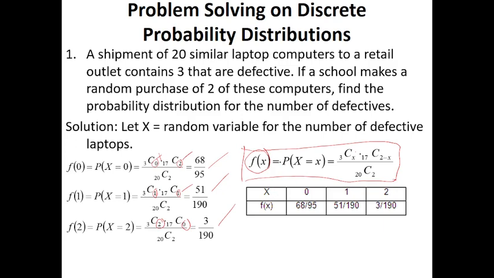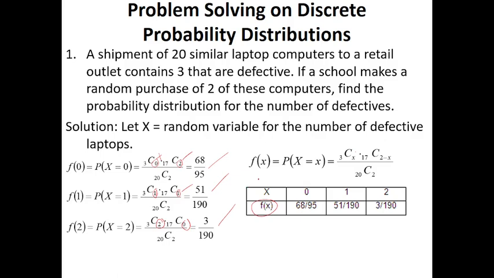So we have here now x and f of x. We construct now the probability distribution table. We have x, and all the possible values of it are 0, 1, and 2. And we consider f of x. We start with 0, we get 68 over 95, followed by 1, we get 51 over 190, followed by 2, we get 3 over 190.